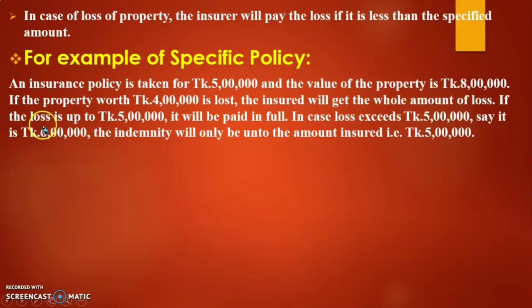If the loss is up to 5 lakhs, it will be paid in full. On the other hand, in case the loss exceeds taka 5 lakhs, say taka 6 lakhs, the indemnity will only be up to the amount insured, taka 5 lakhs, not more than taka 5 lakhs.